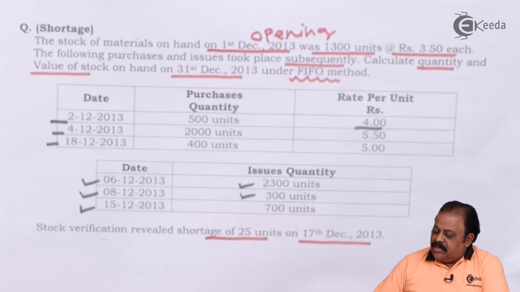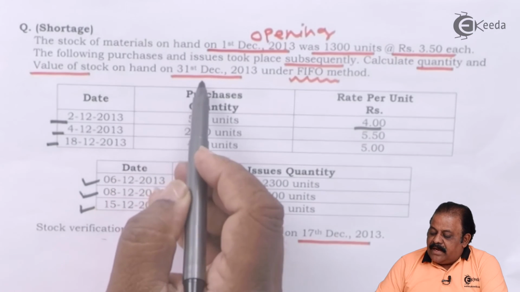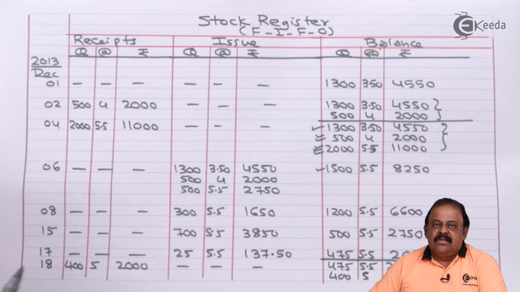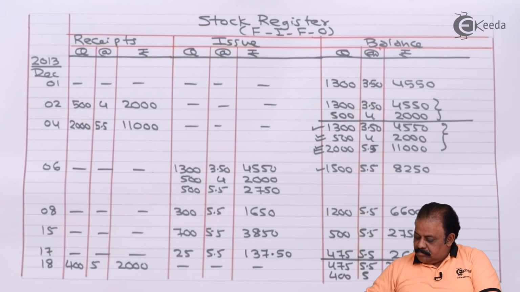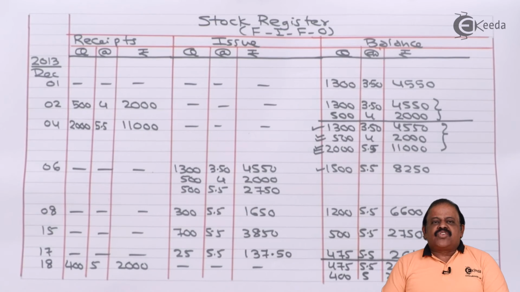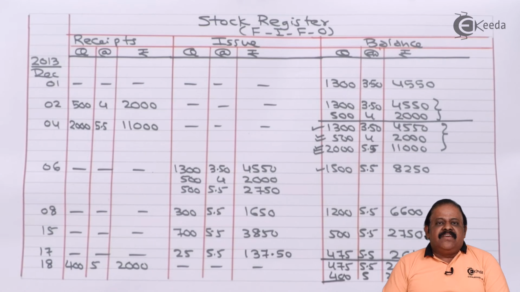These are the details given in the question, and they are asking us to find out value of stock on hand 31st December 2013. If there are no further or subsequent issues or receipts, this is going to be a closing stock. We can add it and find out. So closing stock value is 4,613 rupees. Total number of units here 475 plus 400, that is 875 units.